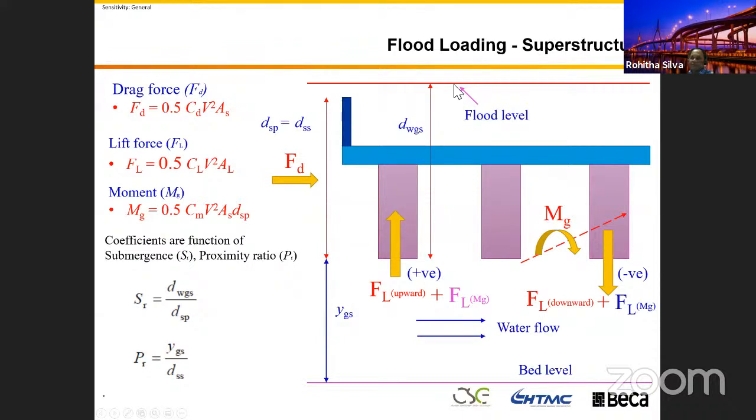If the water is above the superstructure level, this value is greater than 1. If the flood level is under the superstructure level, partially submerged, then this value will be less than 1. The other factor is the ratio of the water depth to the depth of the superstructure. These are the parameters.